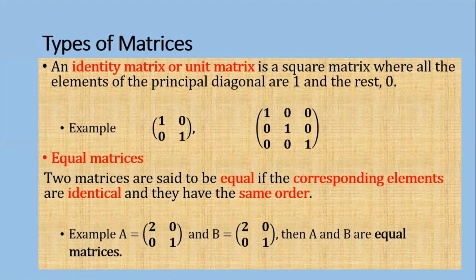So the elements are identical. And what about the order? Here you've got a 2 by 2 matrix, and this one is a 2 by 2 matrix. So they have the same order. So if the order of two matrices are equal and the corresponding elements are identical, we say that the matrices are equal.